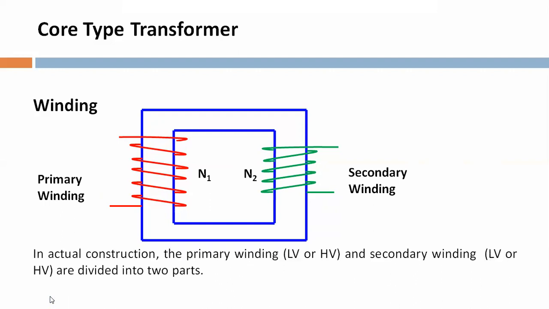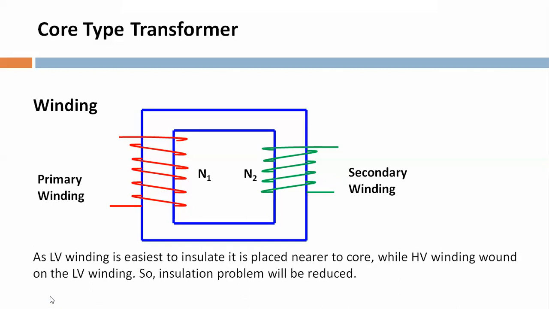In actual construction, the primary winding, LV or HV, low voltage and high voltage, and the secondary winding, LV or HV, are divided into two parts. We are seeing this in the figure. As LV winding is easiest to insulate, it is placed nearer to the core, while the HV winding is wound over the LV winding.